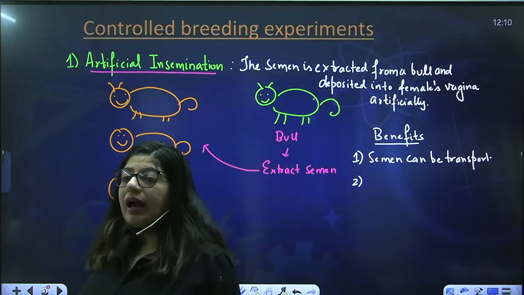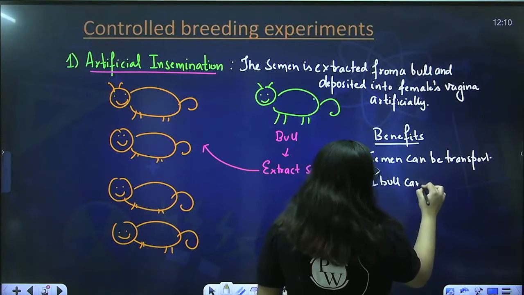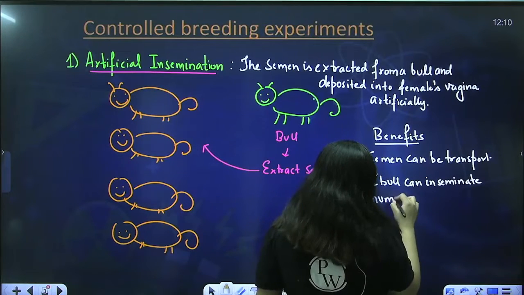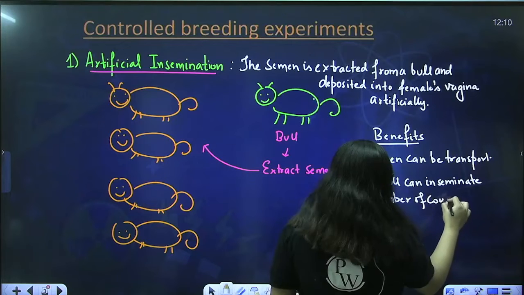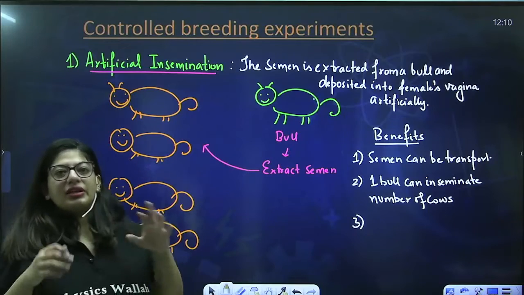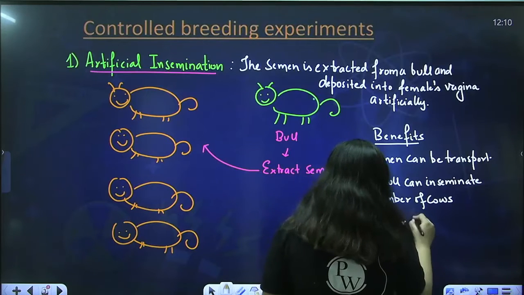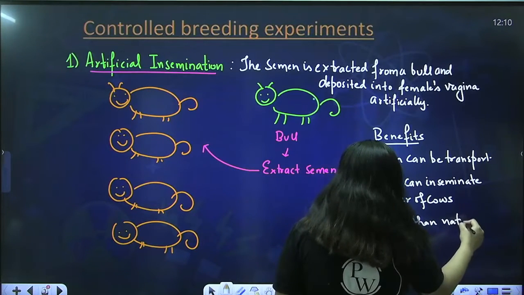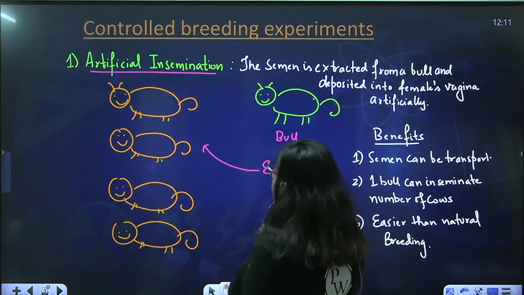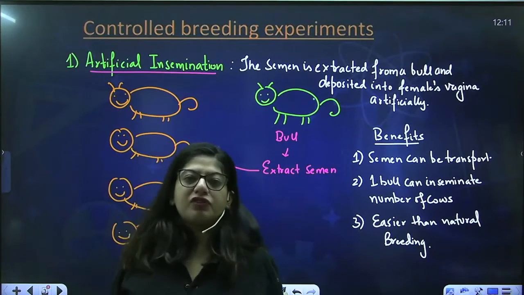Another is that one bull can inseminate a number of cows. And the third benefit is that it's an easier process than natural breeding. So this is one artificial technique by which you can choose the good cows and the good bull and artificially inseminate them.